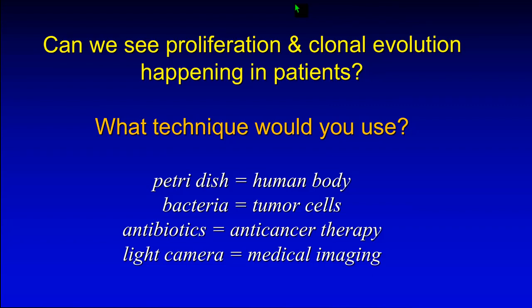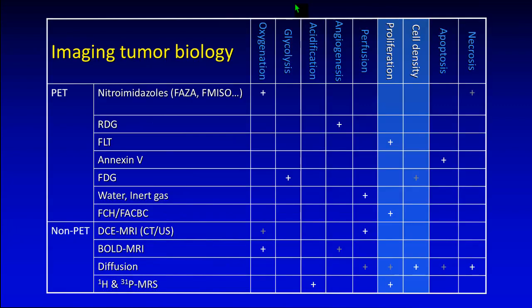The bacteria are cancer cells. Imagine that the antibiotic that you just saw was anti-cancer therapy. Then the light camera, which was used for this, is your imaging system. You should be able to see clonal evolution occurring in front of your eyes.